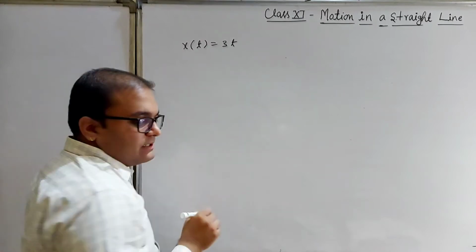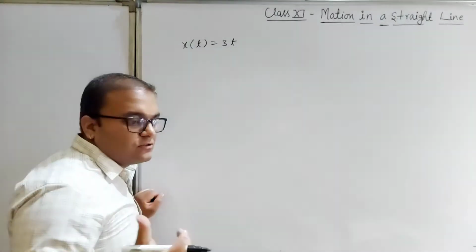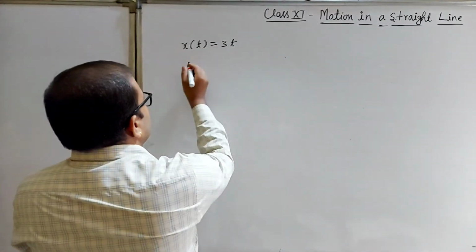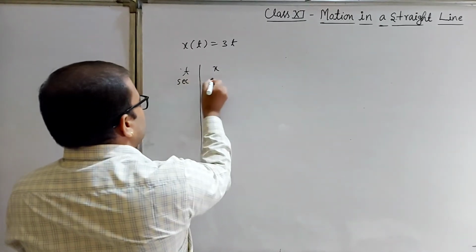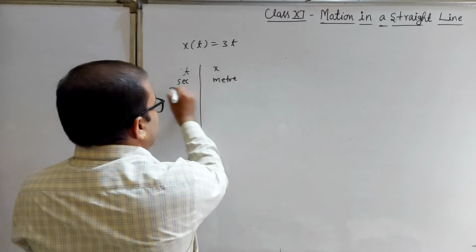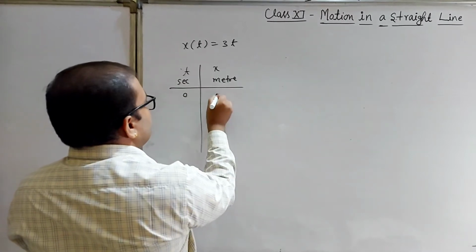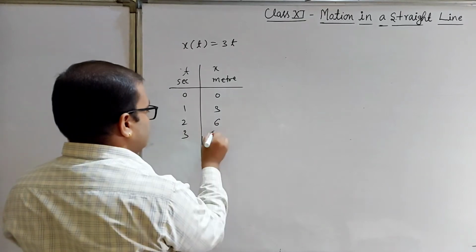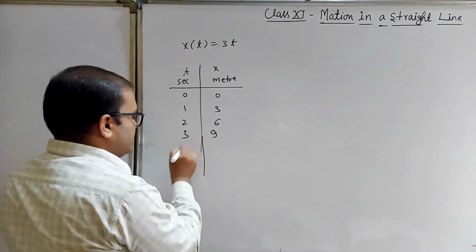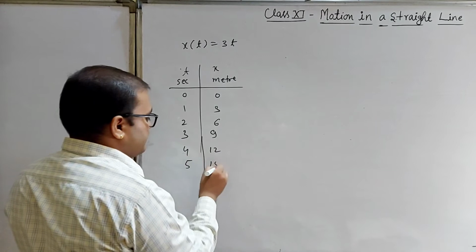So we are plotting the graph for this one, and we will find the slope. Here t in second and x in meter. Suppose t equal to 0, x is 0; t equal to 1, this is 3; t equal to 2, 6; t equal to 3, 9; t equal to 4, 12; 5, 15.